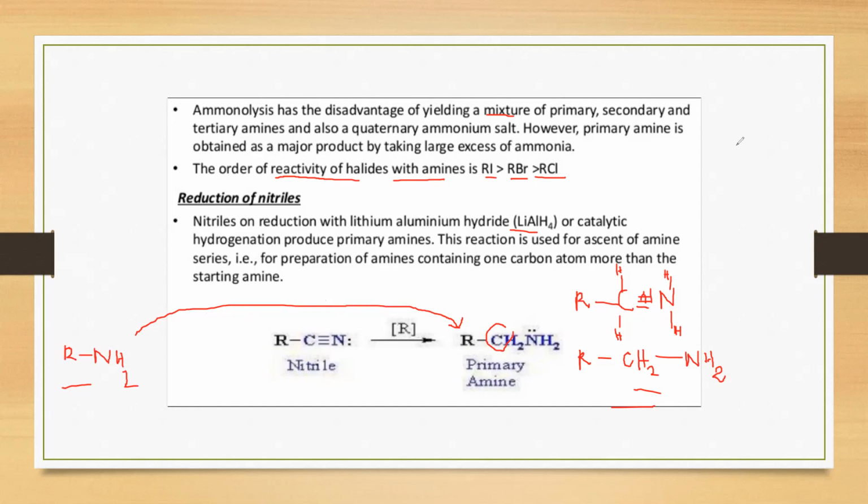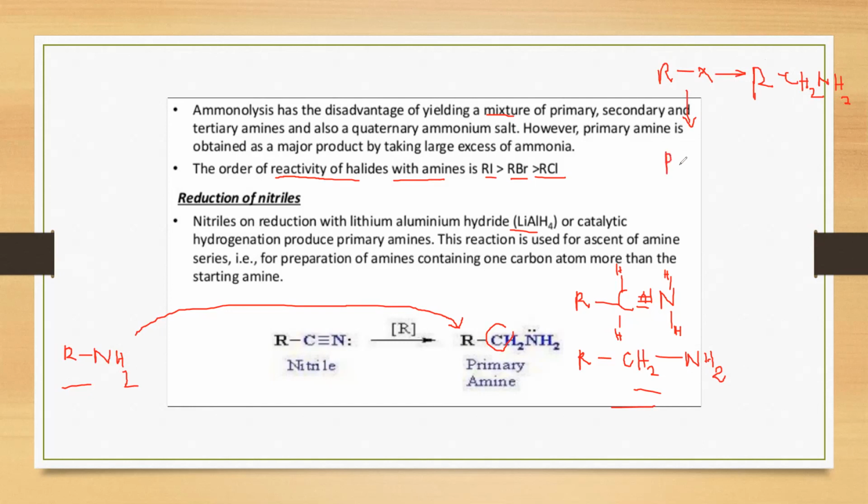For example, if we start with RX and have to convert it into RCH2NH2, how can we do that? Here you should think about a nucleophilic substitution with alcoholic KCN.